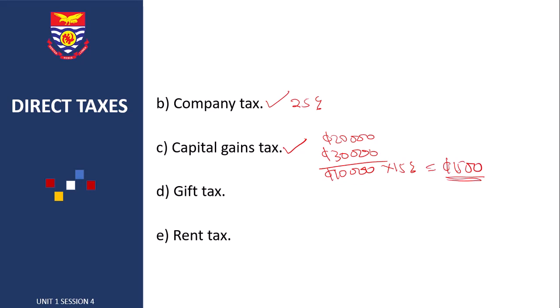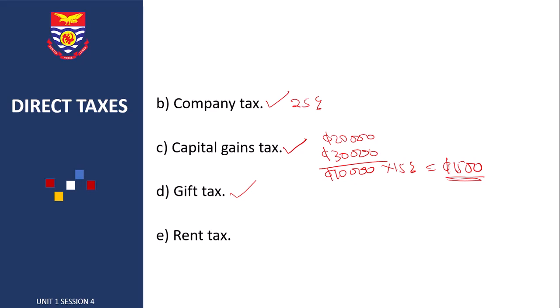The next direct tax is gift tax. This is tax on the receipt of something without consideration or for inadequate consideration, or even something given willingly to someone without payment. We can find this in section 4 and section 5 of the Act 2015, Act 896.